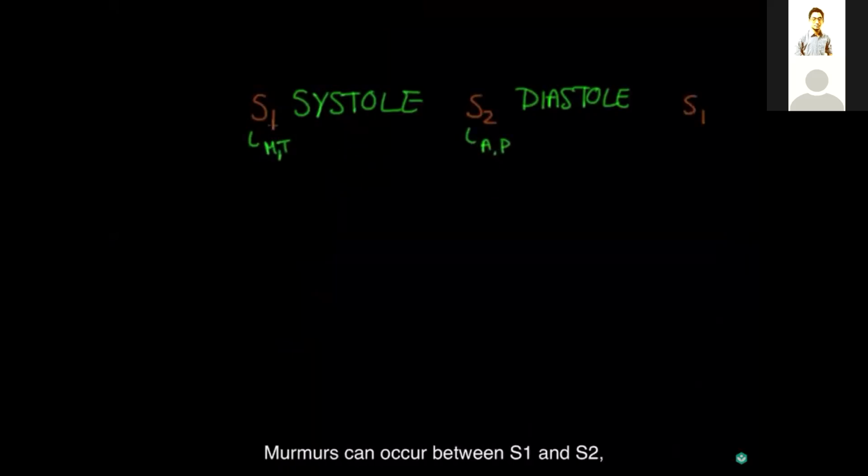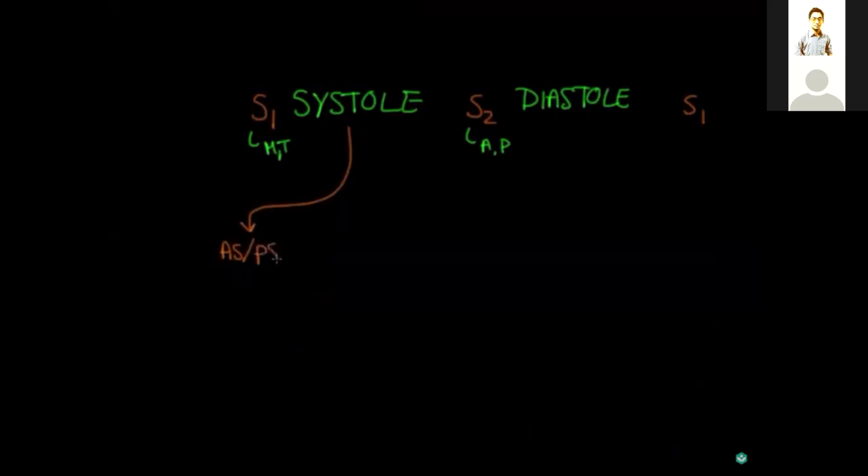Now, murmurs can occur between S1 and S2, and these would be systolic murmurs. And these would be things like aortic stenosis or pulmonic stenosis, mitral regurgitation, or tricuspid regurgitation. And one other thing that doesn't necessarily cause a murmur, but can be accompanied by mitral regurgitation, would be something like mitral valve prolapse.